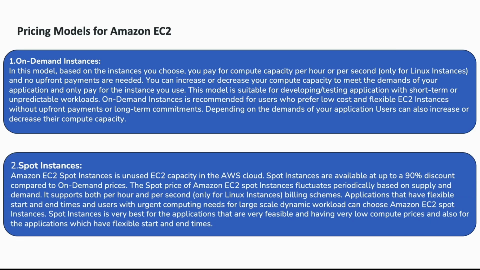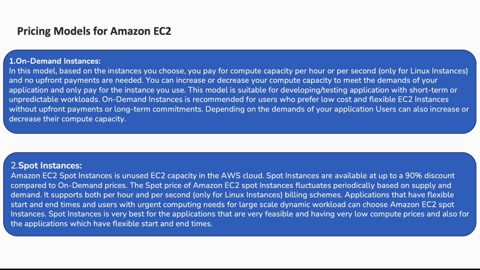Now I'll talk about spot instances. Amazon EC2 spot instances use unused EC2 capacity in the AWS cloud. Spot instances are available at up to 90% discount compared to on-demand prices. The spot price of Amazon EC2 spot instances fluctuates periodically based on supply and demand. It supports both per hour and per second billing schemes.